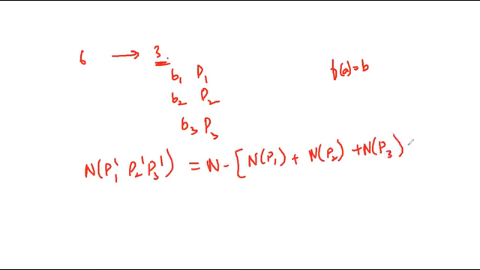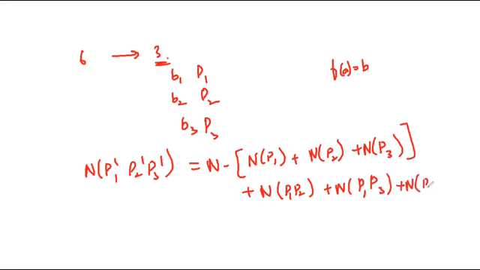Over here the overall negative sign is taken, plus n of P1, P2 plus n of P2, P3 and so on. We will write it in that way. So plus n of P1, P2, and I have just taken the negative sign for those three terms and then the positive sign, alternately negative positive if you recall.